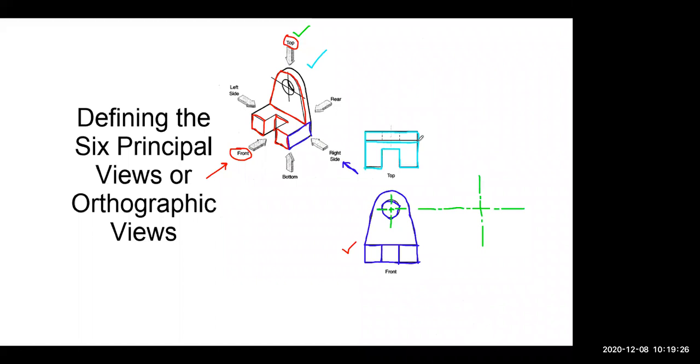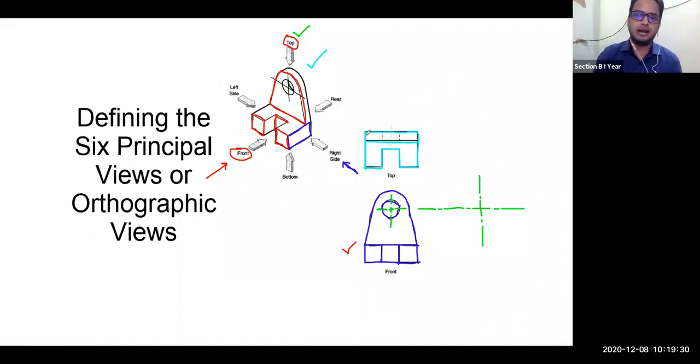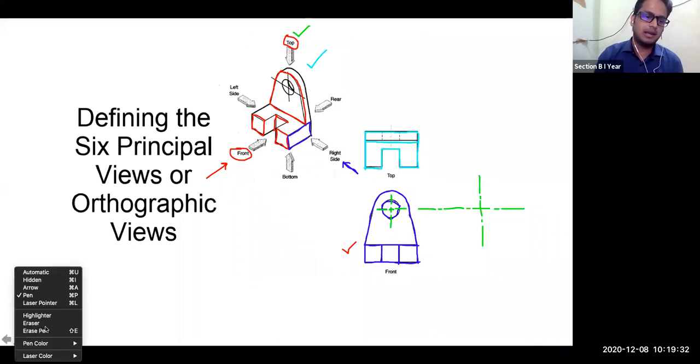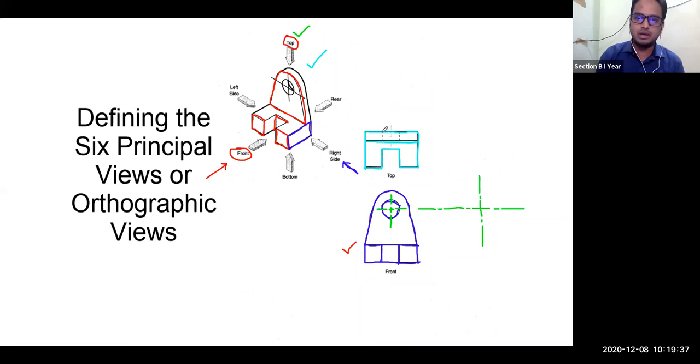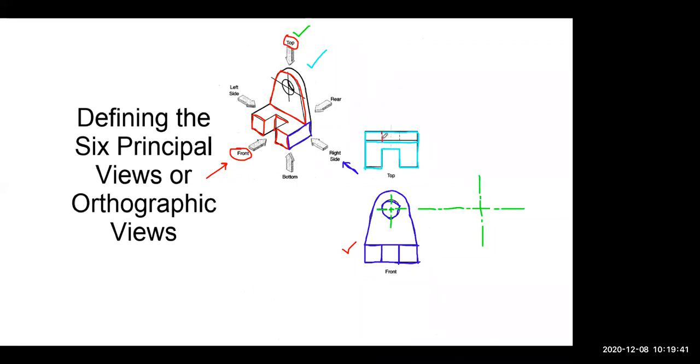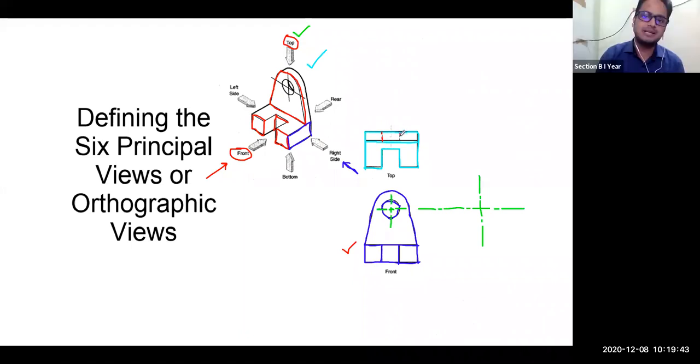The line which I have redrawn is your thick line. And what is the thin line? Dash lines, basically. Here you can see those dash lines are there. Basically it is a hidden line.